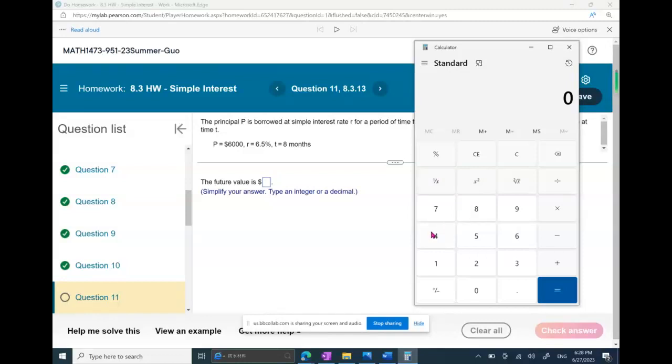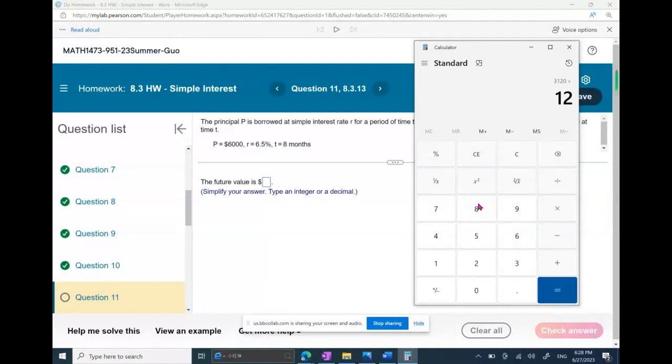I equals P times R times T. P is 6,000 multiplied by R, 0.065, multiplied by what? 8 months. How many years is 8 months? You have to divide by 12. Yeah, 8 over 12.